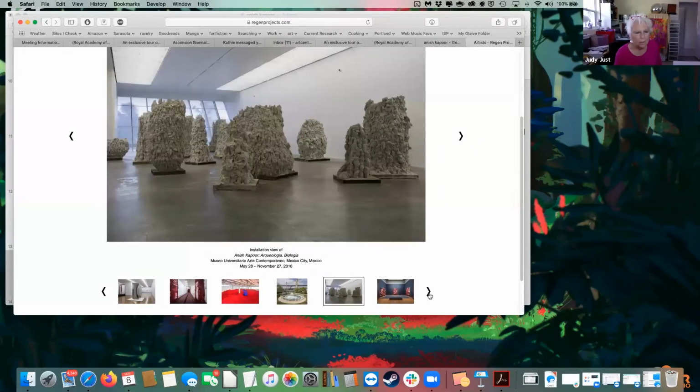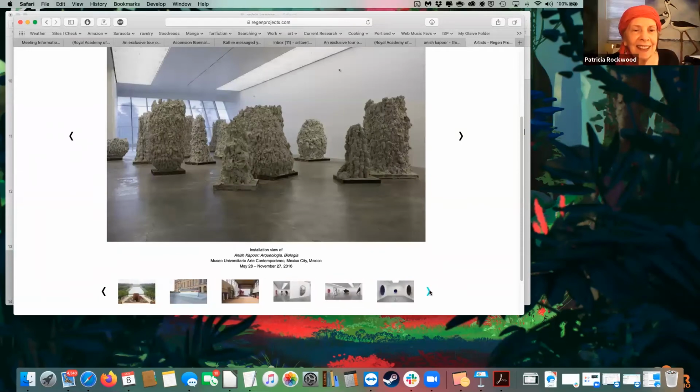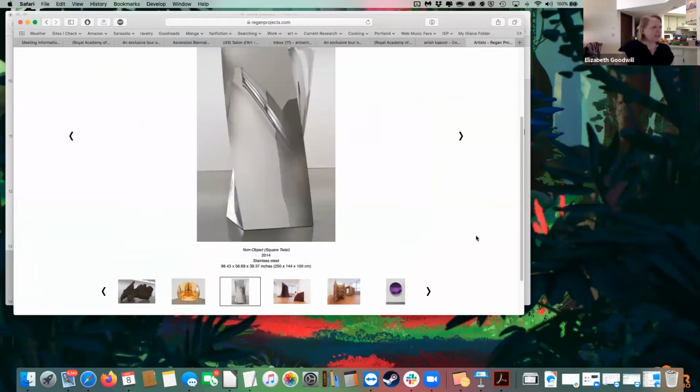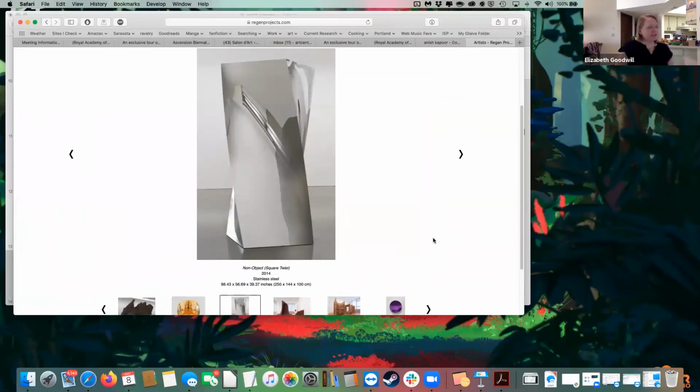And he did some in clear. Okay, so he has variations on this style, and they were smaller. They were probably about this big. Wow. How big? Probably about 12 inches. Really?